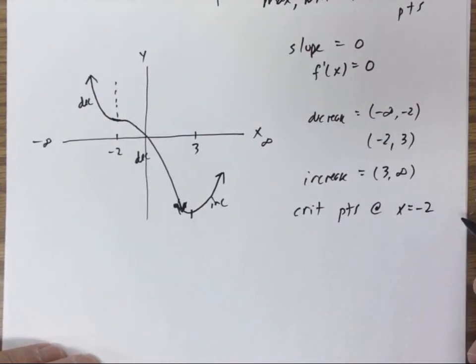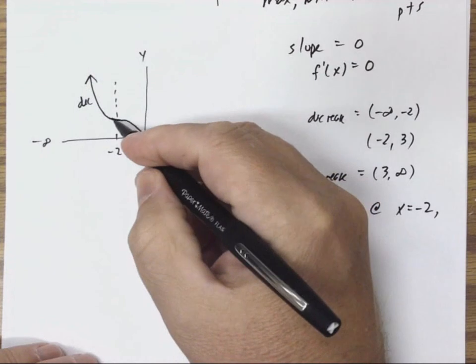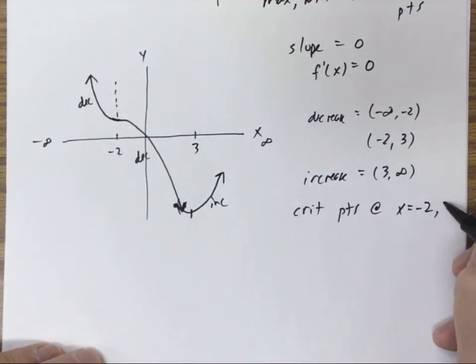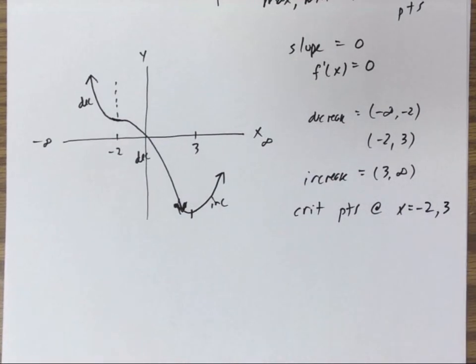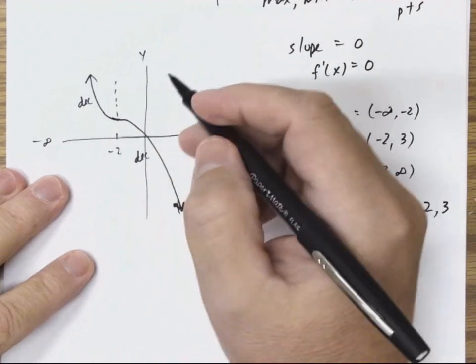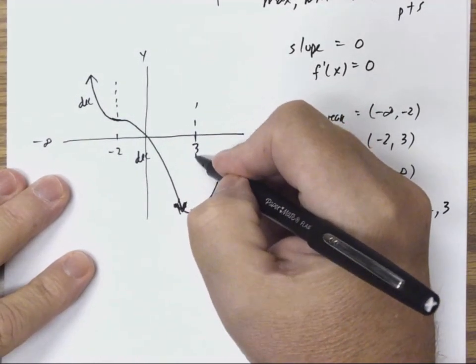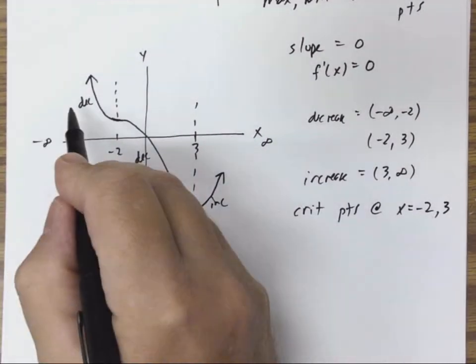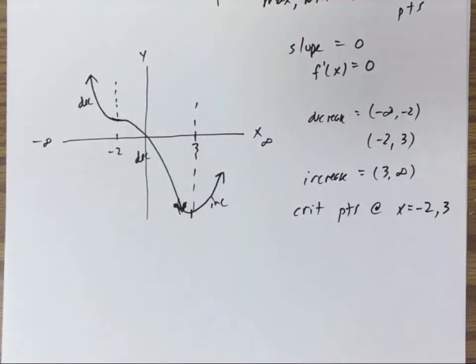So I have a critical point when x is -2, and then down here it flattens out again, and I have a critical point when x is 3. So at the critical points, oftentimes we break our graph up into these regions, because oftentimes when the regions switch, the increase or decrease switches, which means the first derivative switches.